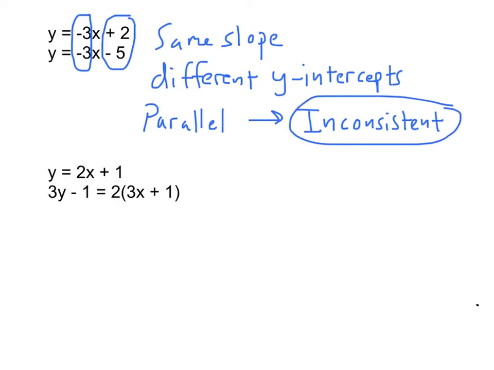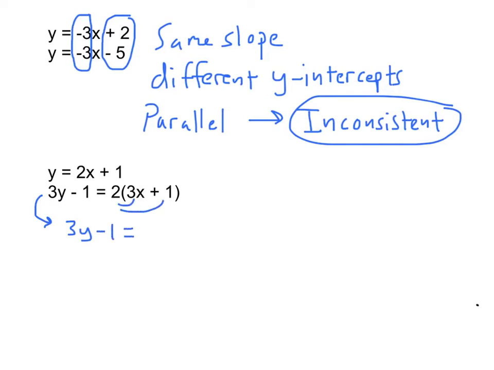Now let's look at this next example. Now the first equation is y equals 2x plus 1, and that's a nice simple form, y equals mx plus b. The second equation is not in the form y equals mx plus b, so I'm going to put it into that form. The first thing to do would be distribute the parentheses.